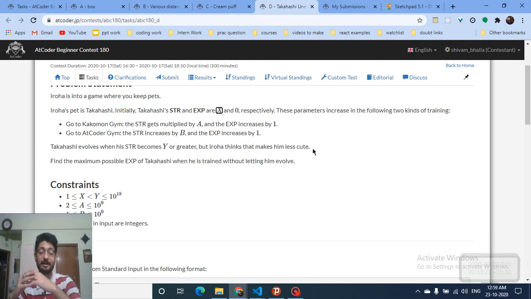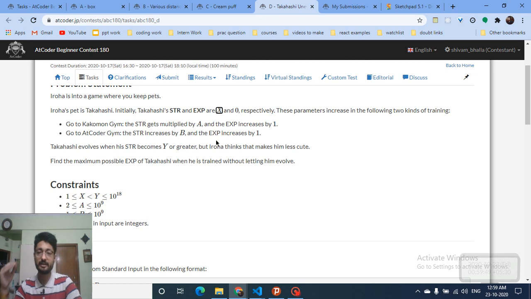What this means is that you don't want to evolve him, which means that if it evolves, his strength will become greater than or equal to Y, which you do not want. So you want your strength to be close to Y, but less than Y. It should not be greater than or equal to Y, because then it will overshoot and evolve, and we don't want that.